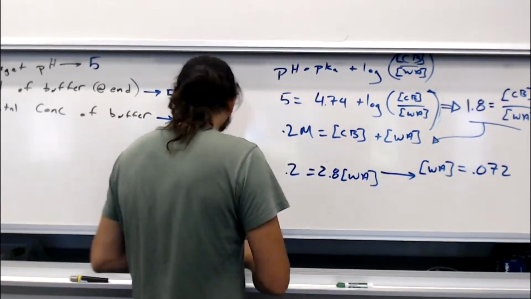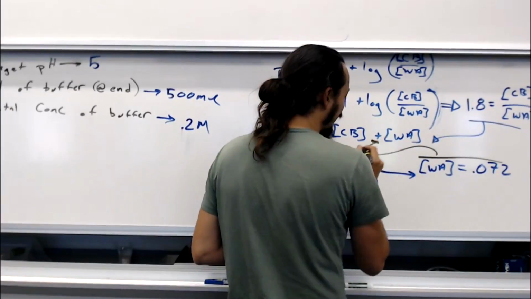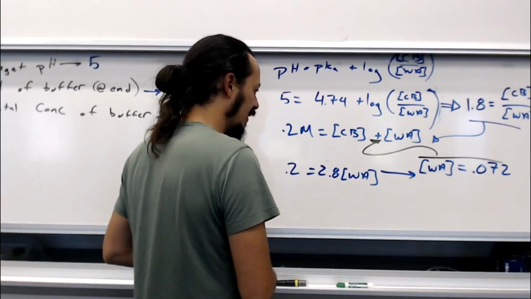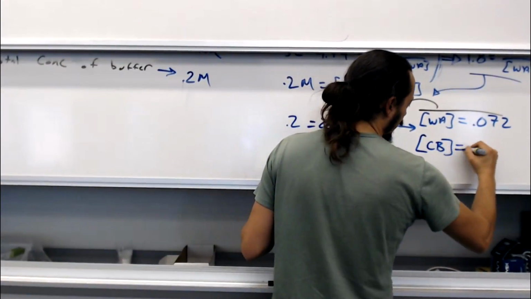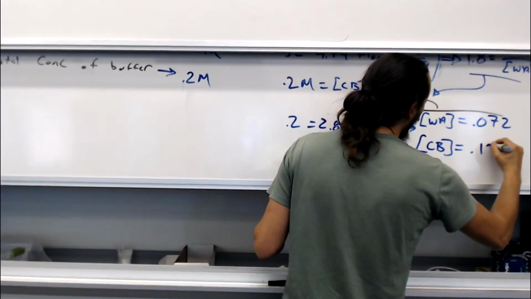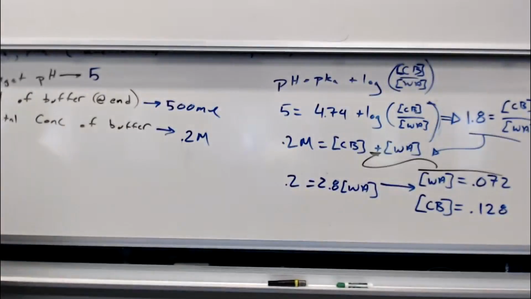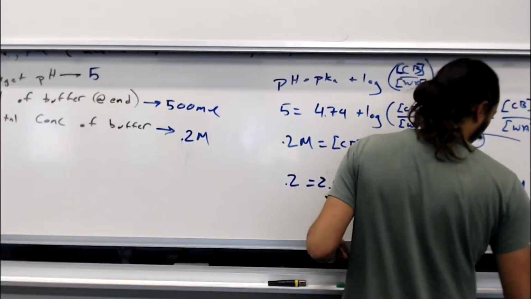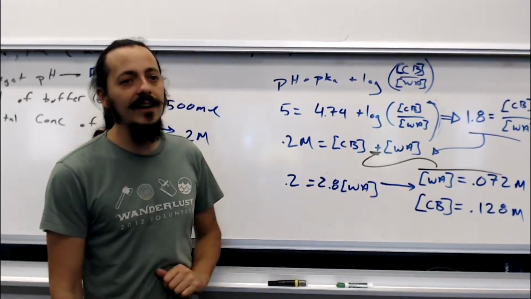We can then take this weak acid concentration, plug it into here to get our conjugate base concentration. I'm going to go with 0.128. I'm going to keep those extra decimal places. So that gives me the molarity of the weak acid and the conjugate base that I want to have.